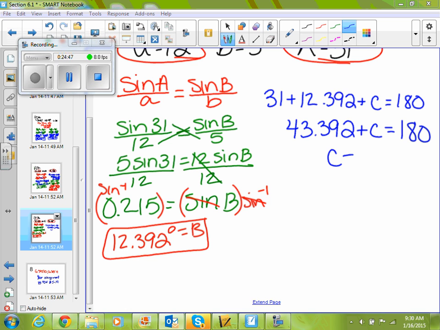Which tells me then that C equals 136.608 degrees.